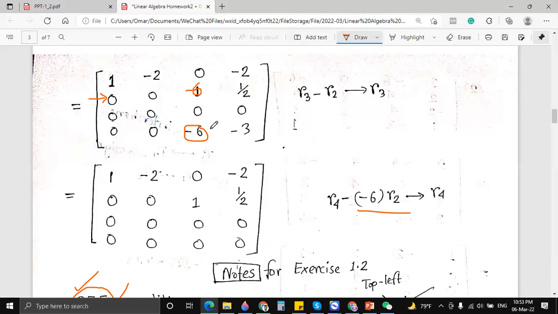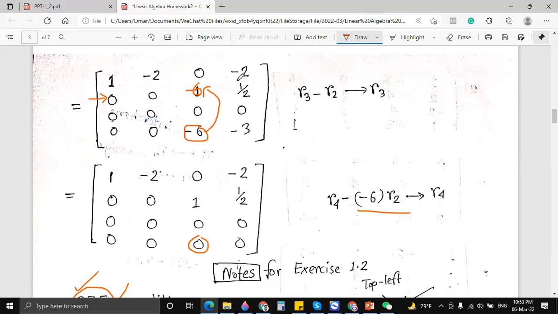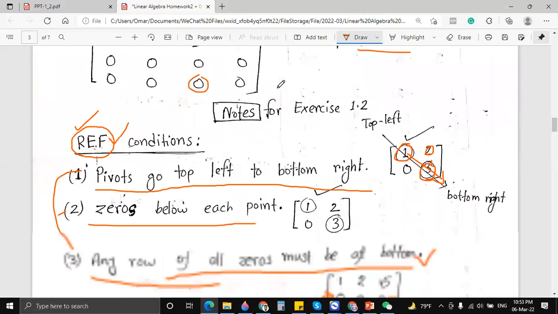Now if I subtract the second row from the fourth row, minus 6 minus minus 6 will be 0 here, and minus 3. If I multiply minus 6 by 2, and cancel 6 and minus 2, it is minus 3, okay? Ultimately it will be 0. So minus 3 minus minus 3 will be 0, okay?